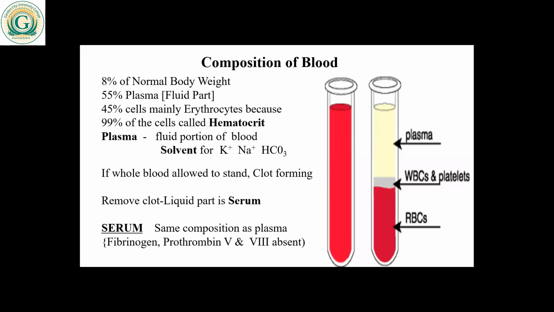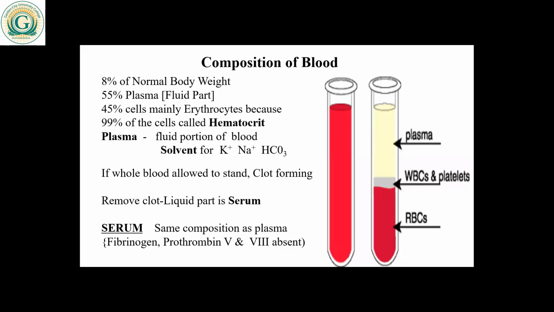So if whole blood is allowed to stand, a clot is formed. It can clot because you have clotting factors. We have some proteins in the plasma that enable blood to clot.